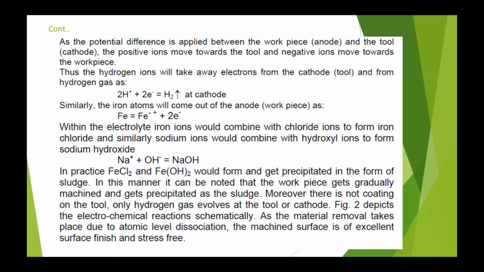Now figure 2 depicts the electrochemical reaction schematically, and as the material removal takes place due to atomic level dissolution, the machined surface has an excellent surface finish and is trace free.